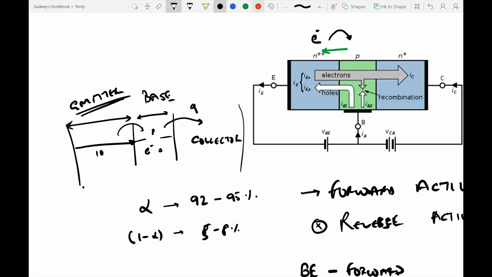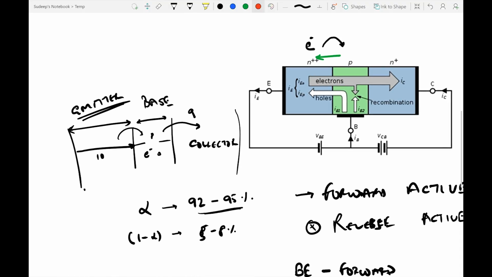Now the collector region is the largest in size, because the collector would be collecting all the electrons coming in from the emitter, the 90 or 95% of them, plus the minority charge carrier electrons in the base region also. Those would ultimately come up into the collector region, and because of how we have connected the transistor in the circuit, the additional electrons in the collector region would get attracted towards the positive of the terminal over here.